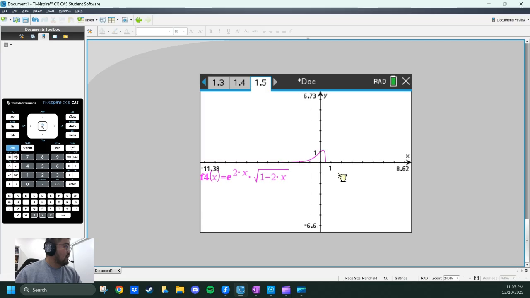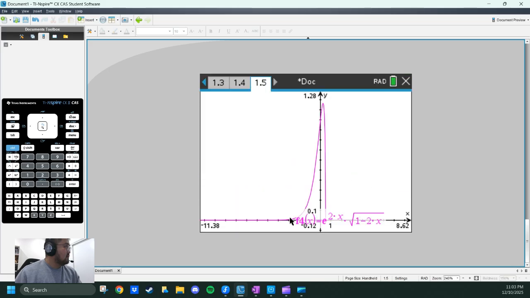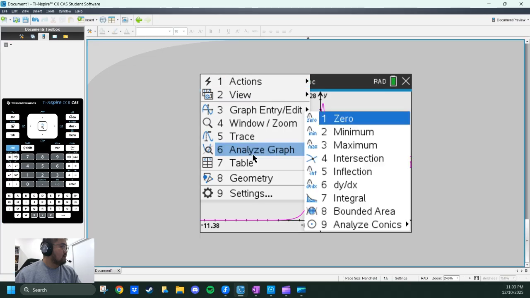Okay, so where is it strictly increasing? Well, it looks like from this graph, we've got all these values here where it's, I guess you could say it's increasing, but then the gradient is equal to 0 at this particular point here. So let's find out what that point is.